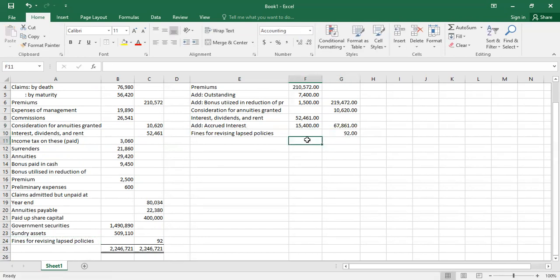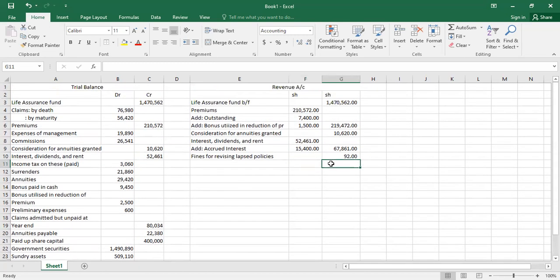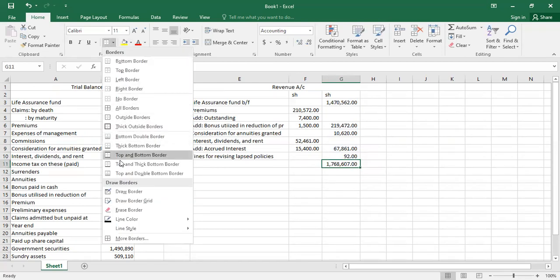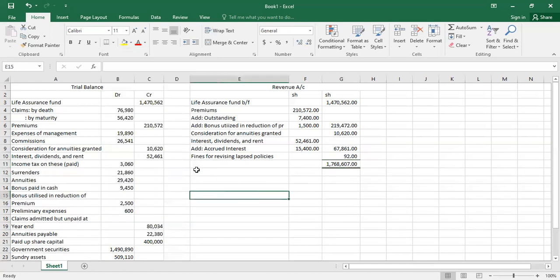Now the items that you are supposed to have credited: share capital will go to the balance sheet, annuities payable, balance sheet, claims admitted but unpaid, balance sheet. I think we have everything. So I can add them together. Equals to sum. So this should be our figure. So we go on.